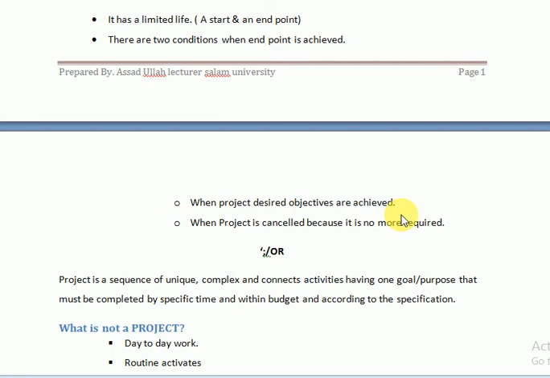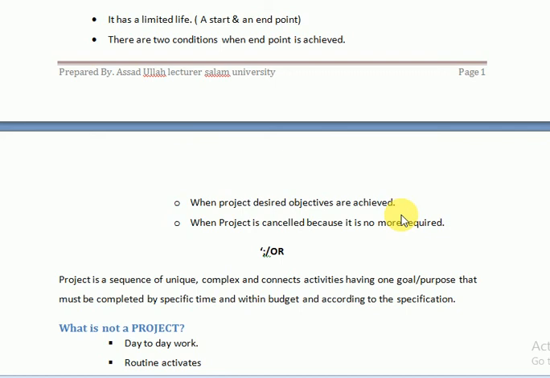There is also another definition of the project: a project is one shot, time limited, goal directed and requiring the commitment of varied skills and resources. Such an activity is called a project.